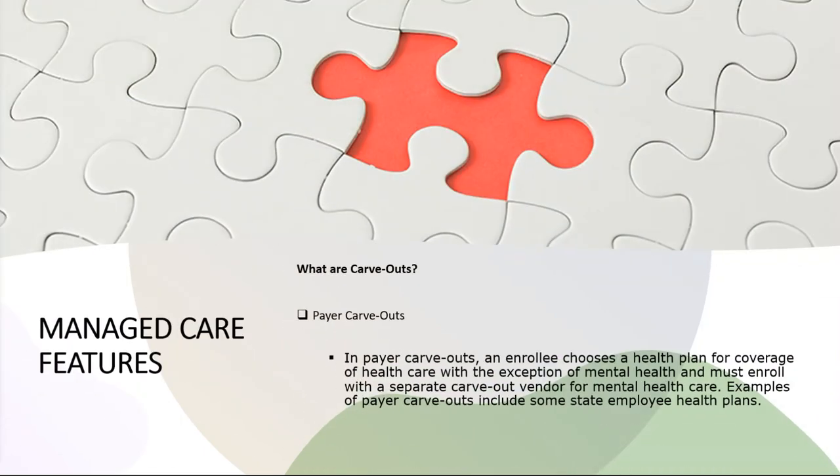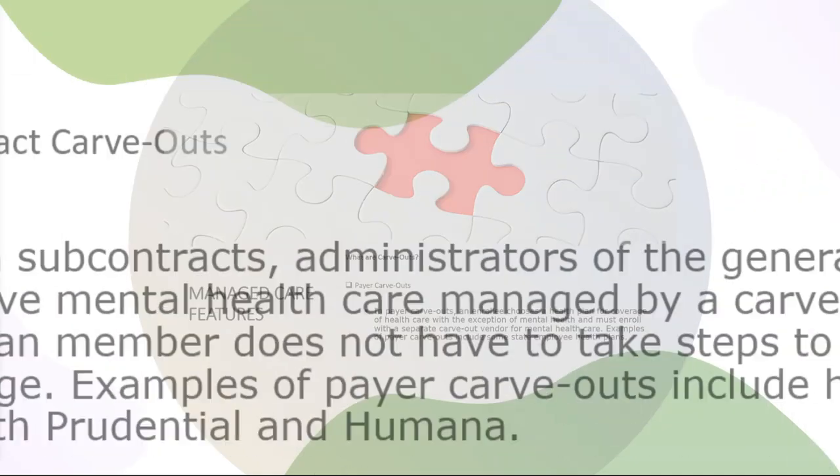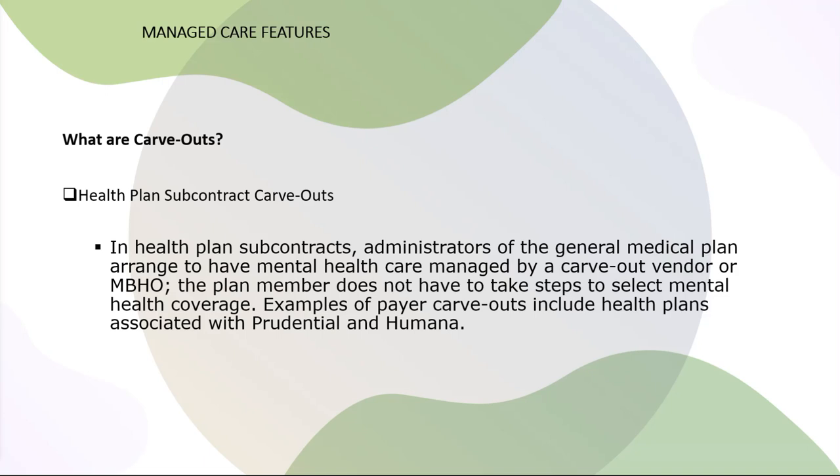Payer carve-outs. In payer carve-outs, an enrollee chooses a health plan for coverage of health care, with the exception of mental health, and must enroll with a separate carve-out vendor for mental health care. Examples of payer carve-outs include some state employees' health plans. Health plan subcontract carve-outs.